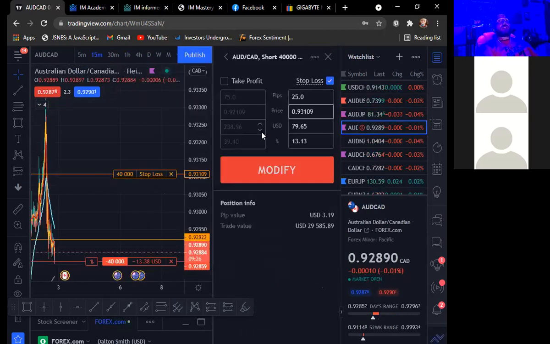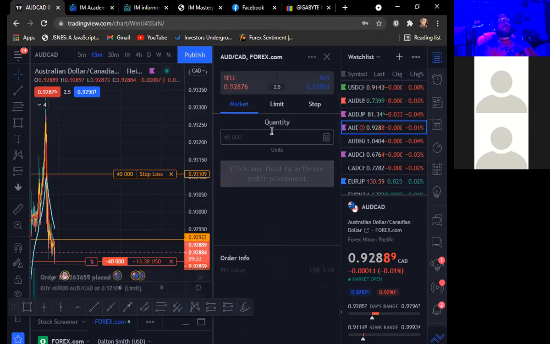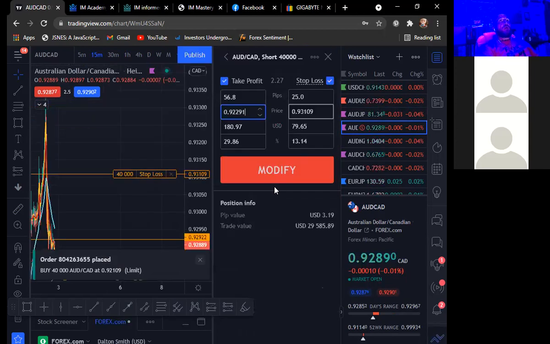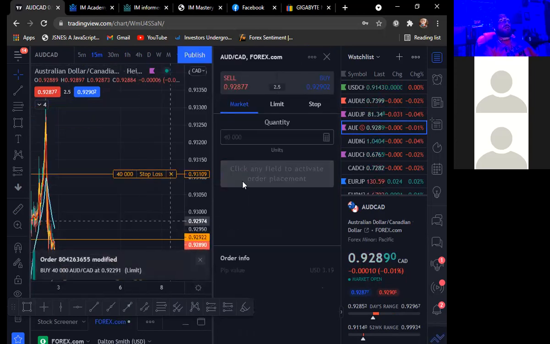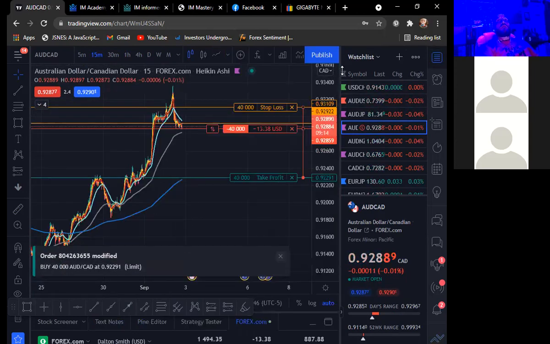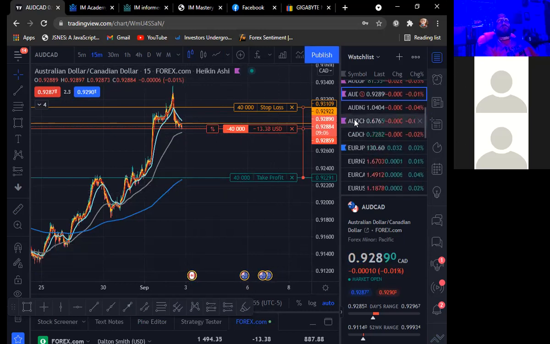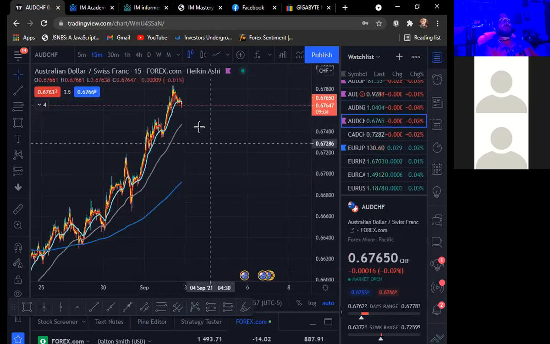But if I was to set my take profit, I would put it at the 800. It's going to go about here. Yeah, like that. Because if it crosses through the 200, I'm saying it's going to stop at the 800, or at least that's where I kind of lose track of it.